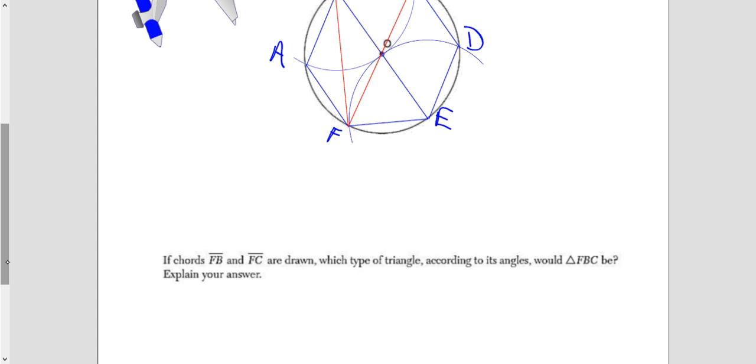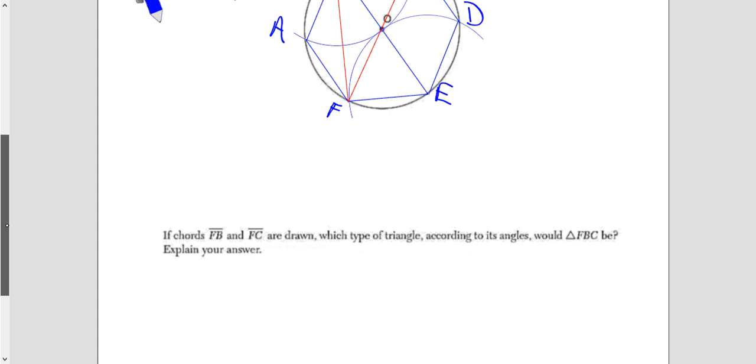Go back to your notes page. No, not all triangles add up to 180. So we can say that triangle FBC is a right triangle. But then they said explain.